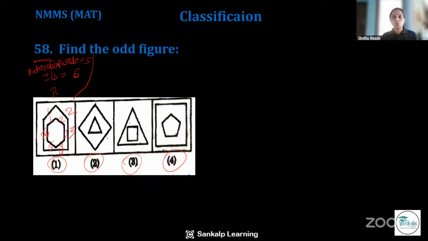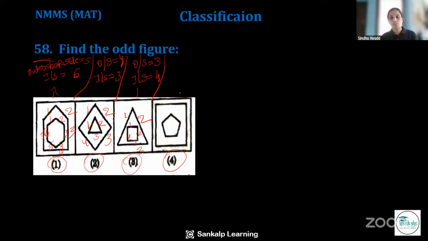Second one: 1, 2, 3, 4 for the outer shape, and the inner shape contains 3 sides. Figure 3: the outer shape contains 3 sides and the inner shape contains 1, 2, 3 and 4 sides.